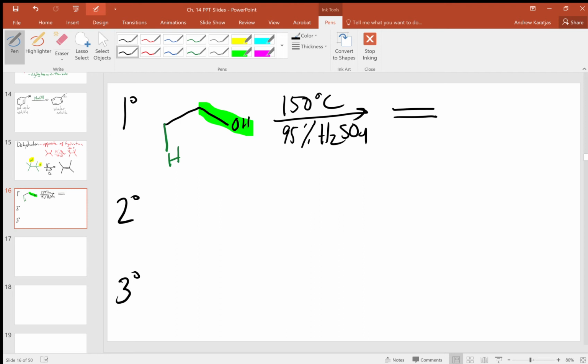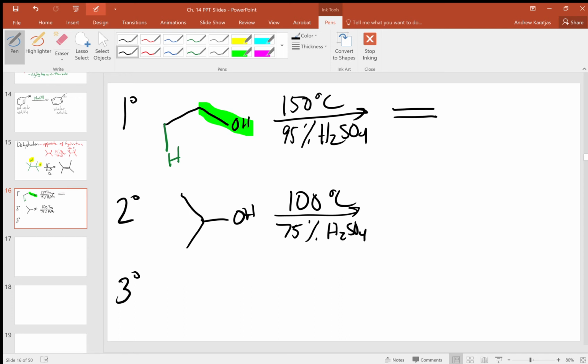All right, so what about a secondary alcohol? So a secondary alcohol still requires strong acid, although we can dial it back a little bit, 95% down to 75%, and generally doesn't require as much heat. Still not the nicest of conditions, still overall pretty harsh.